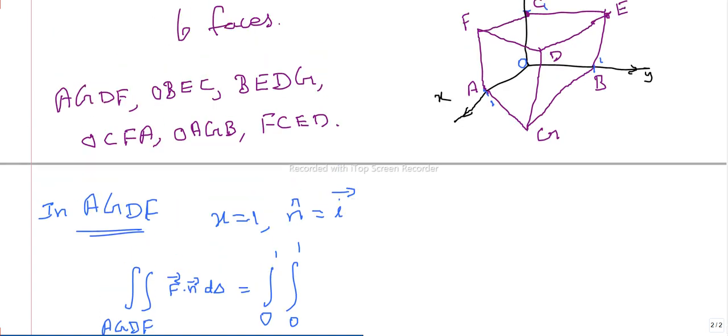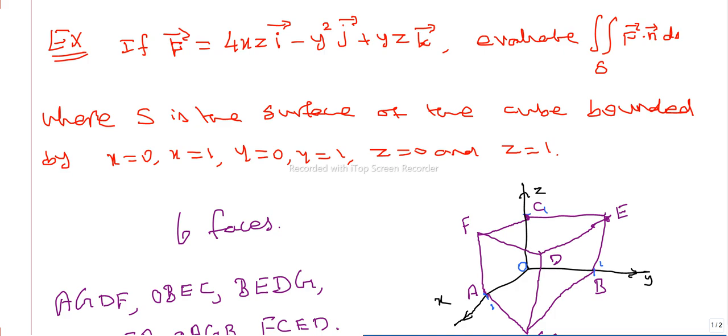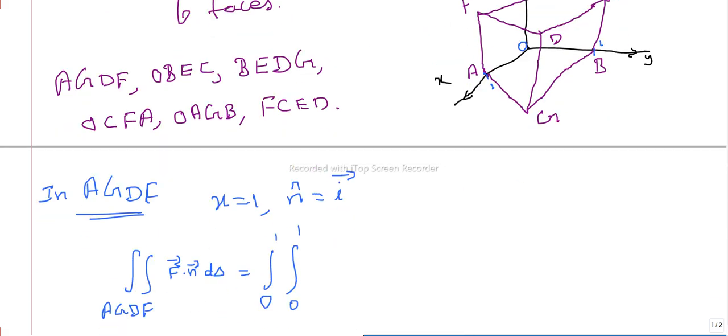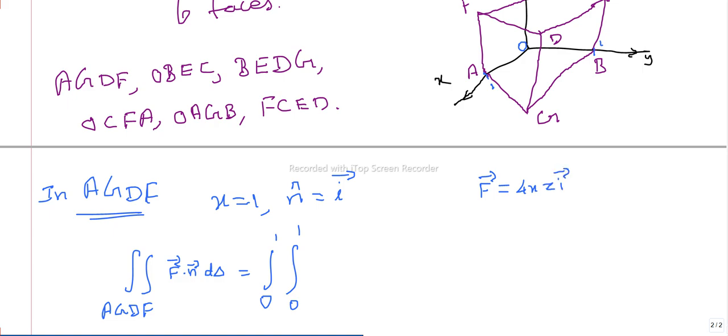In F we have to substitute x equal to 1. So what is F? F is 4xz i minus y square j plus yz k, and then you have to dot with n, which is just the i vector.